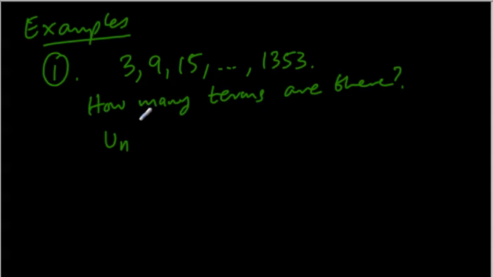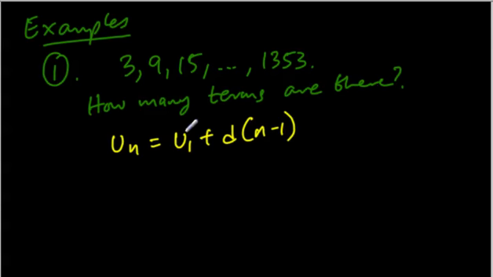The general equation, I'll use a different color this time. So the general equation is un is equal to u1 plus d(n minus 1). u1 right here is the first term, so that's u1 for sure. Let's write that's equal to 3. D stands for the common difference.